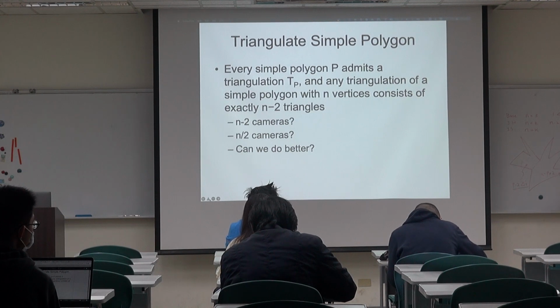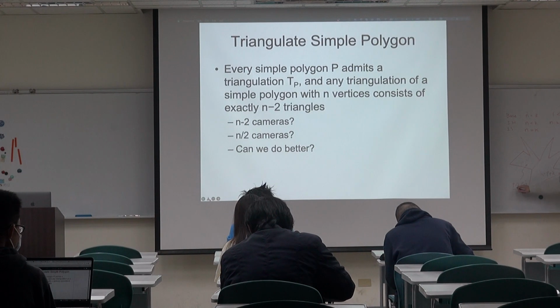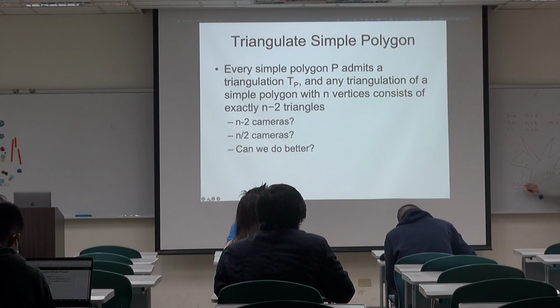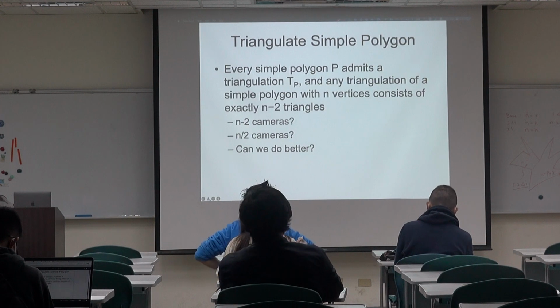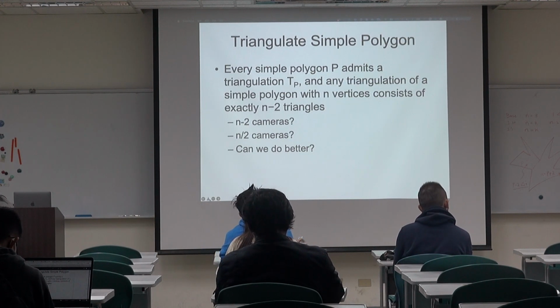So the total will be this one plus this one. You will see that this p minus 2 cancels out this minus p plus 2. So the total will be k minus 2 triangles. So we could use induction to show that.